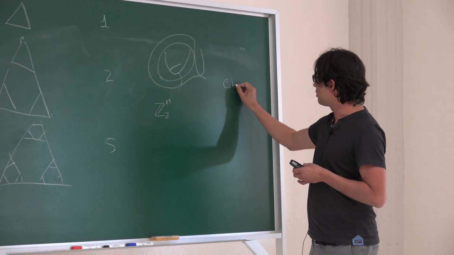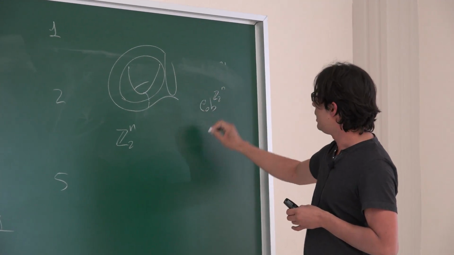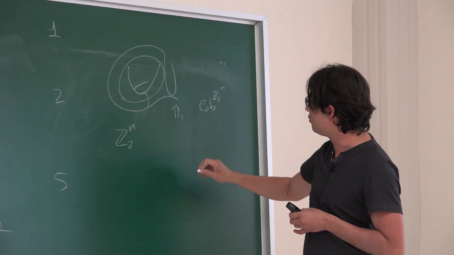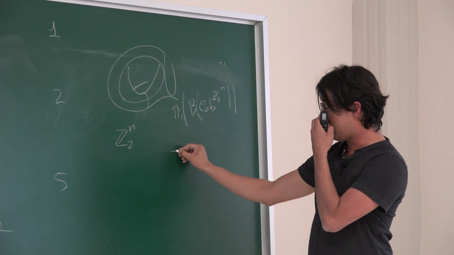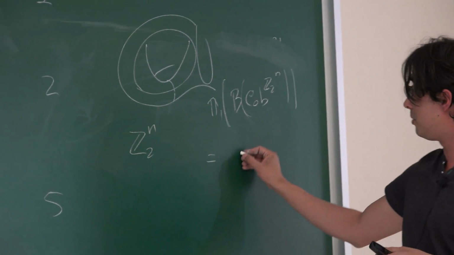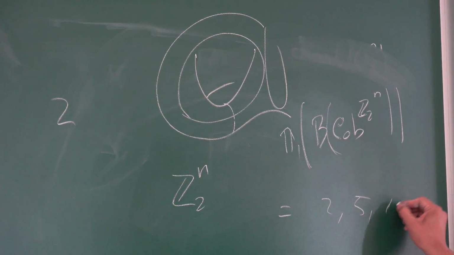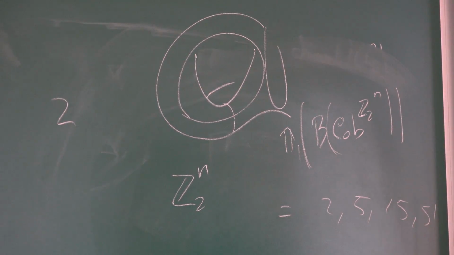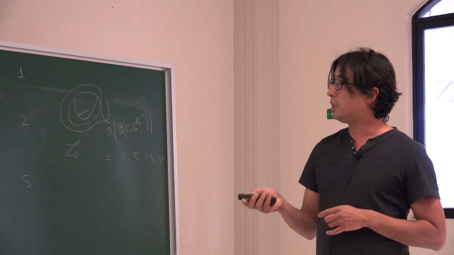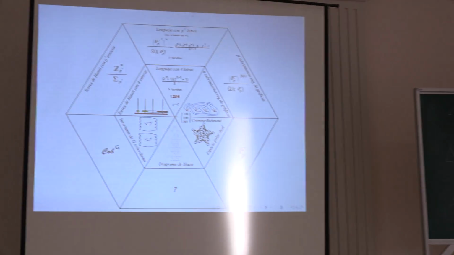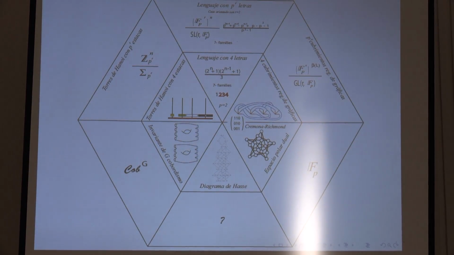You consider the category of coverings with Z2^n, and you calculate the fundamental group of the classifying space of this, and this will have this value that I showed you: 2, 5, 15, 51. And with that, I can go from everywhere to any other side.